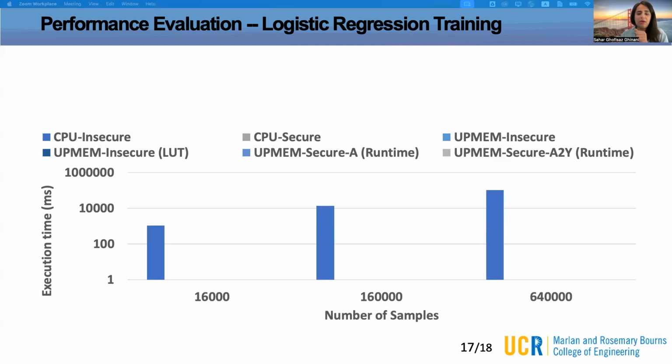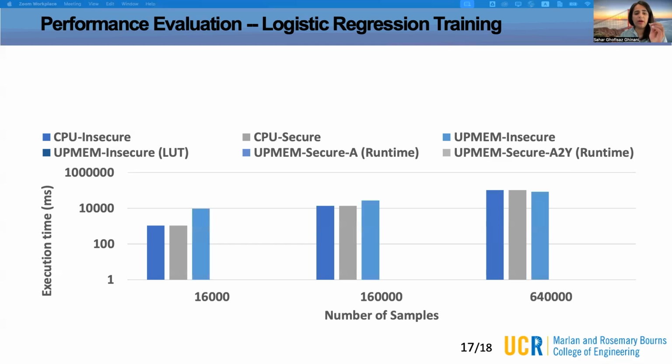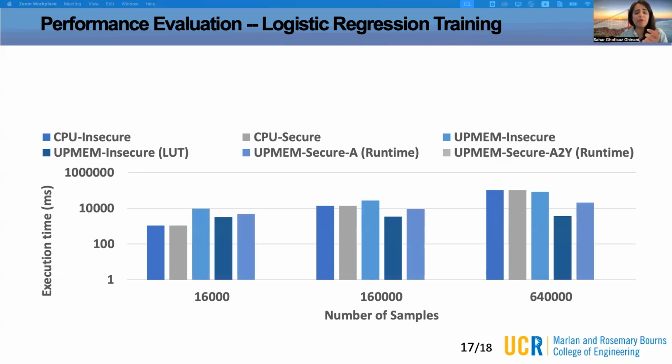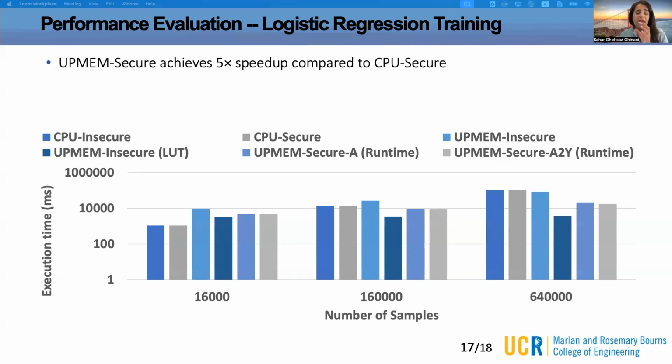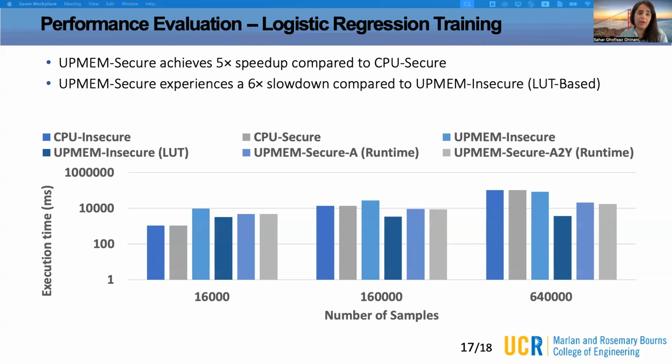As you can see, we are getting the same pattern for the execution time. By performing nonlinear functions on the PIM, closer to the data, we definitely get better execution time. Overall, UPMEM Secure achieves a 5 times speedup compared to CPU Secure.